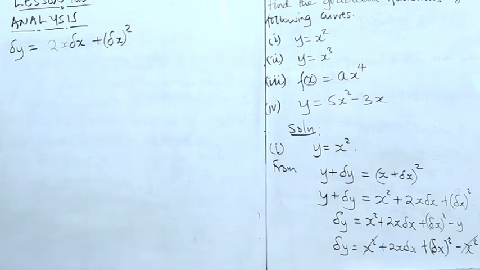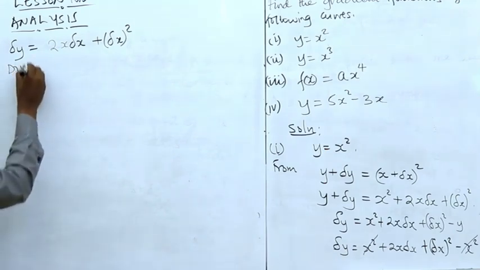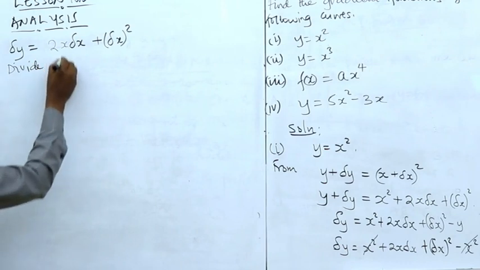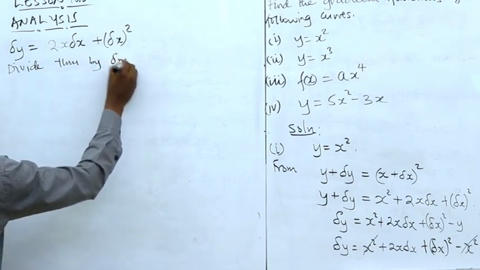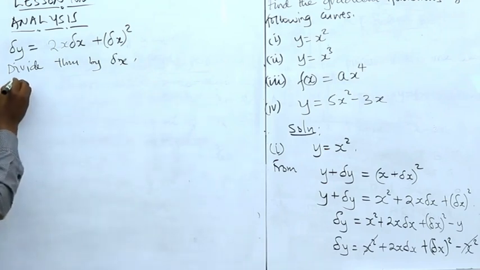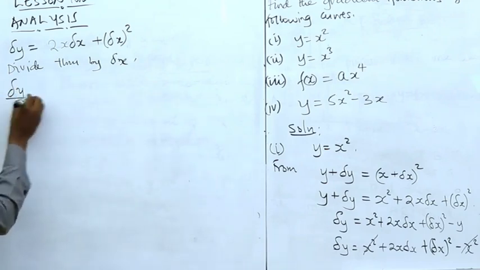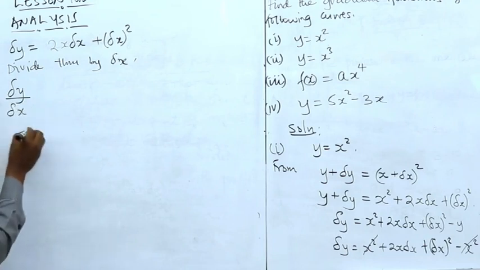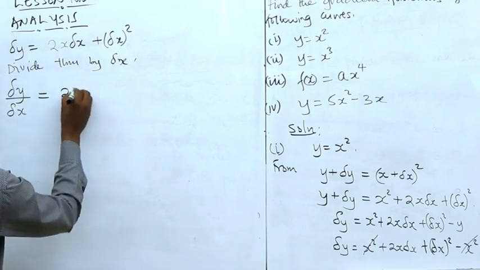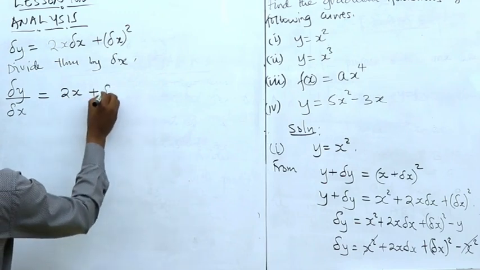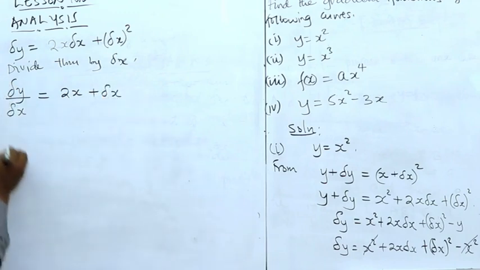Since we need delta y over delta x, divide through by delta x. You have delta y over delta x equal to 2x plus delta x.